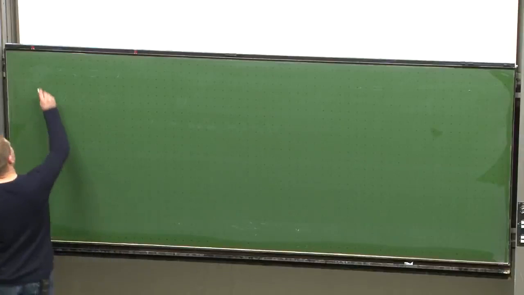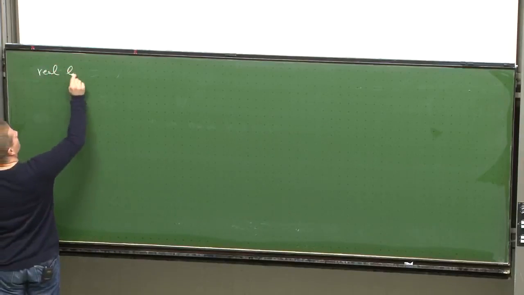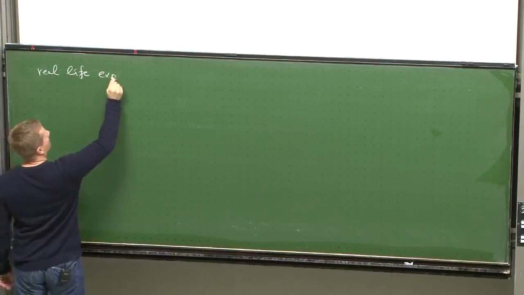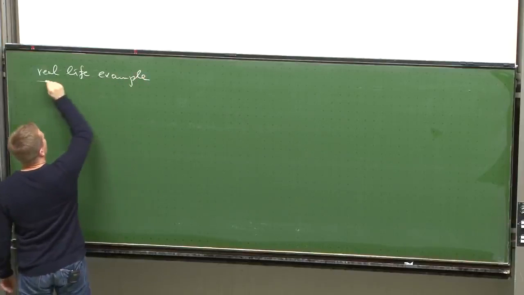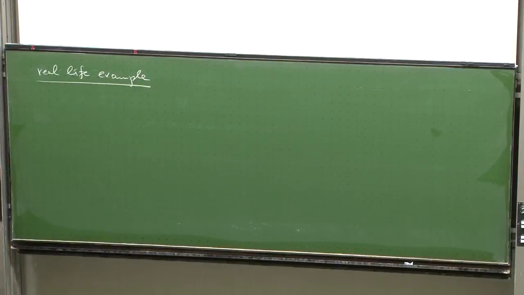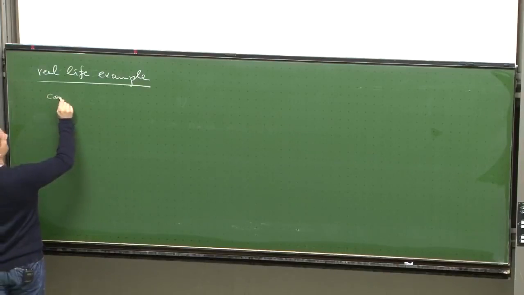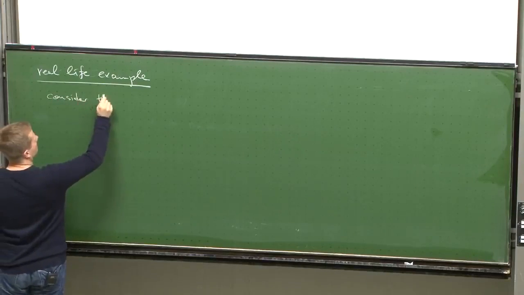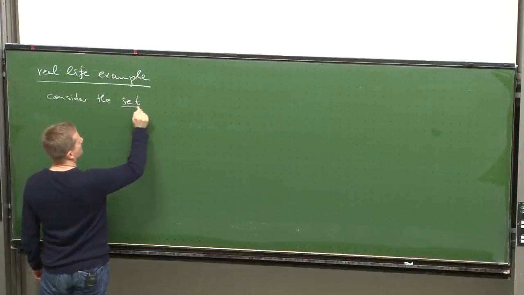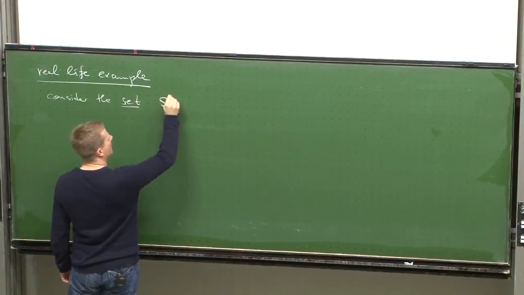Okay, so let me give you a real-life example where you use the induced topology. So assume you want a topology on the circle. So consider, first of all, a set S1.